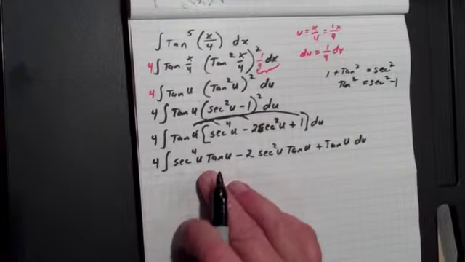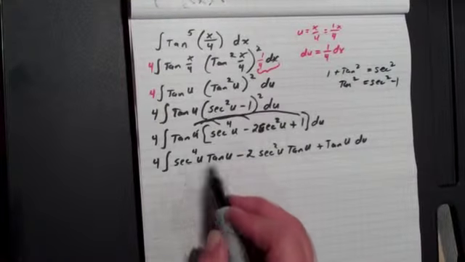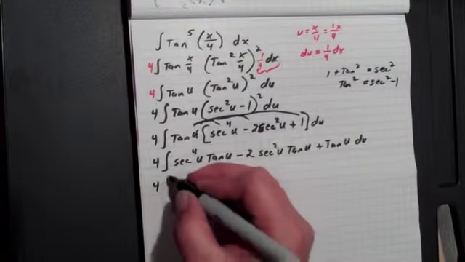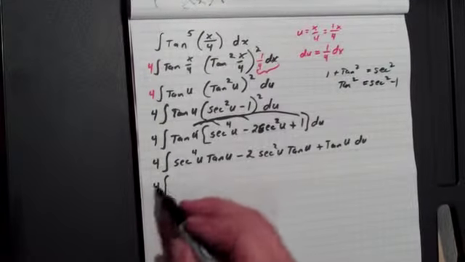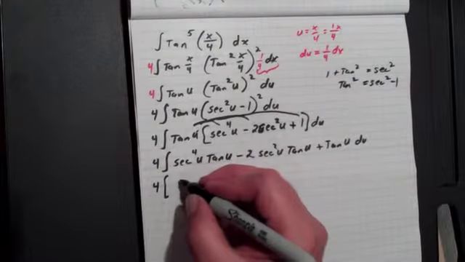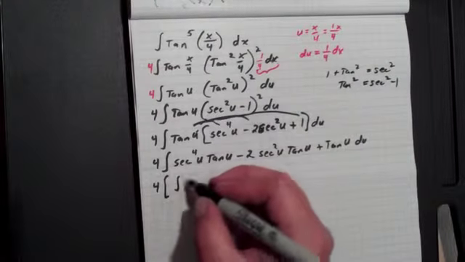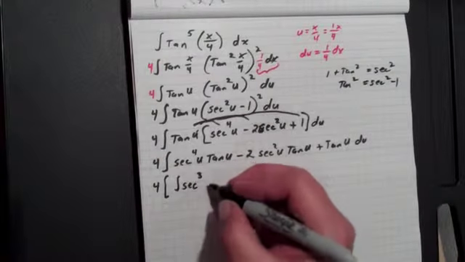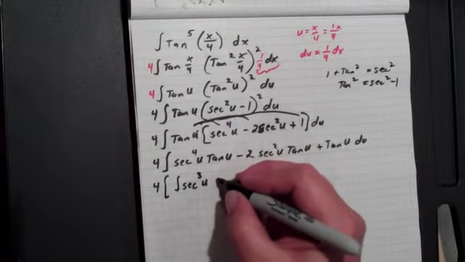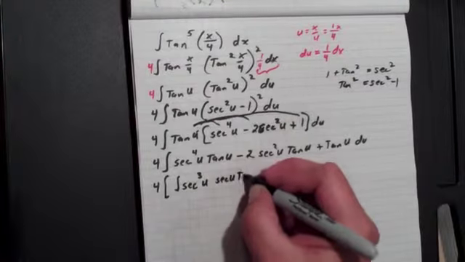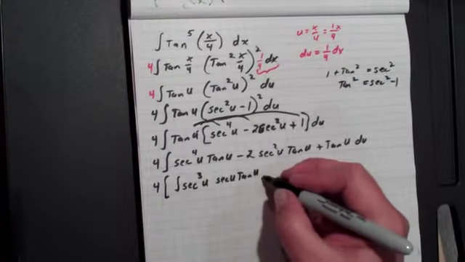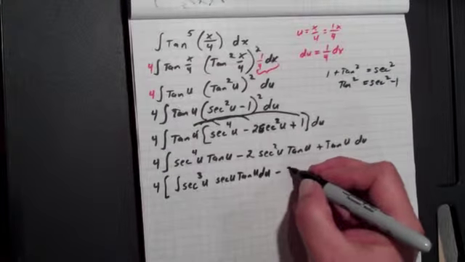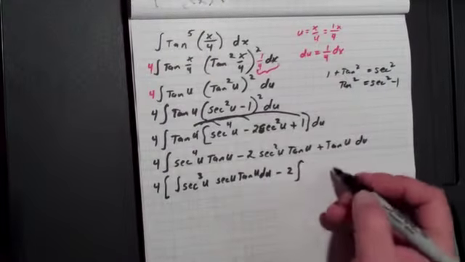Now this is like the previous problem. The derivative of secant is secant tangent. You have a tangent, so if I pull out one secant, this 4 applies to everything, so I'm just going to keep it out front and make multiple integrals. If I factor out one secant, that would leave me secant to the third of u, secant u tangent u du, minus 2, again I'm going to make another integral.